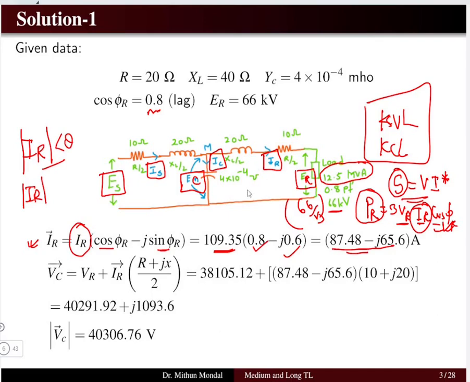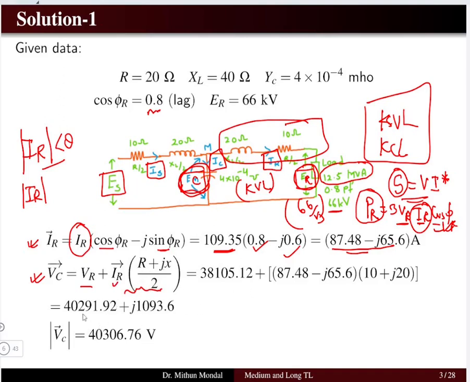Now we can apply the KVL in this particular loop. If we apply the KVL in this particular loop, we will get the voltage, that is VC here, equal to the receiving end voltage VR plus the total drop in this particular line. The drop is basically the receiving end current into Z by 2. So Z by 2 is (R plus jX) by 2.